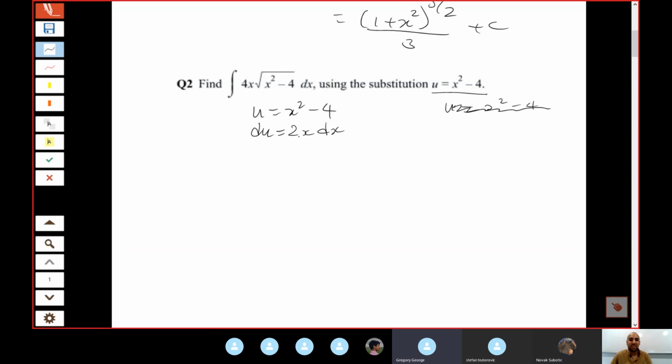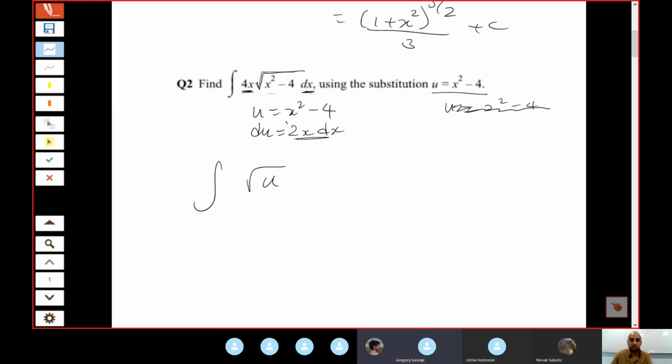Now we're trying to substitute, right? So square root of x squared minus 4 becomes square root of u. Yes, we see that? We've got an extra 4x dx we need to replace, but I've only got a 2x dx.